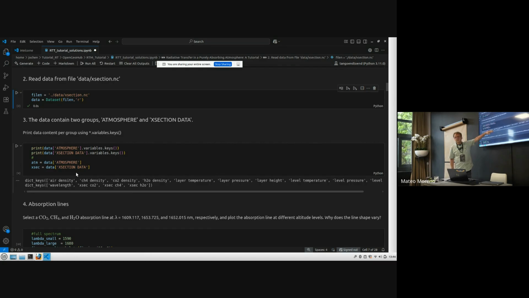We have the methane density vertically sampled, the CO2 density, and water vapor in the atmosphere, which absorbs in our spectral range as well. We have the layer temperature, pressure, a lot of auxiliary information about the atmosphere. So just inspect that you have this data, then you can also print the cross sections, which are a function of wavelength: the CO2 cross sections, the methane cross sections, and the water vapor cross sections. So these three species do absorb light.